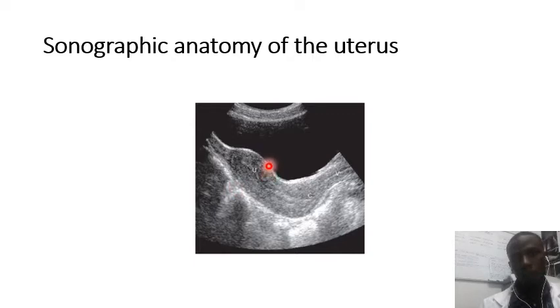So perimetrium, myometrium, and then the endometrium, which is the innermost layer. Then grossly it can be viewed as having the fundus, which is the superiormost part, then the body, which is the mid part, and finally the cervix.